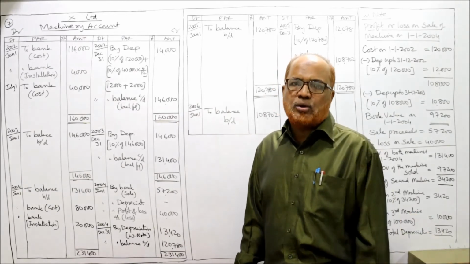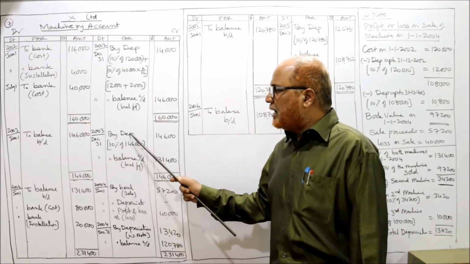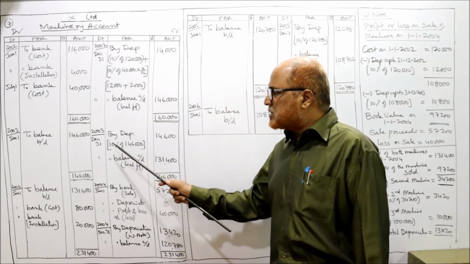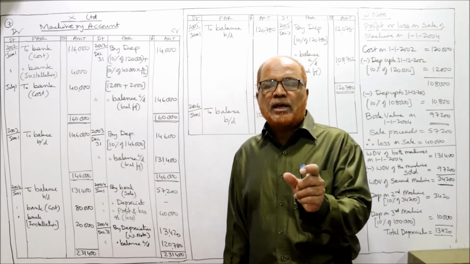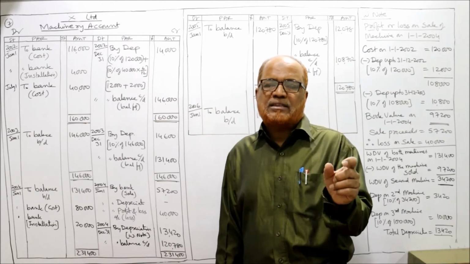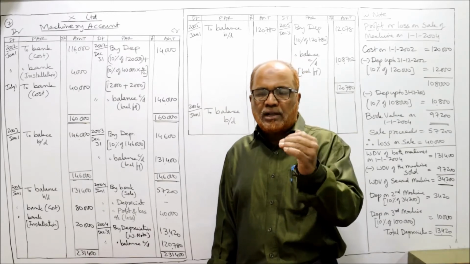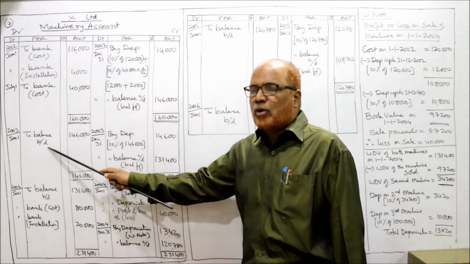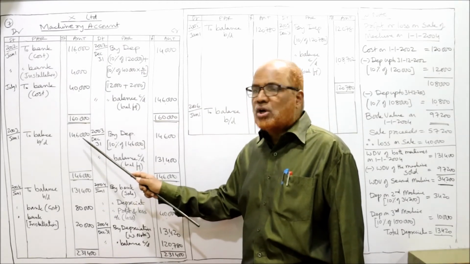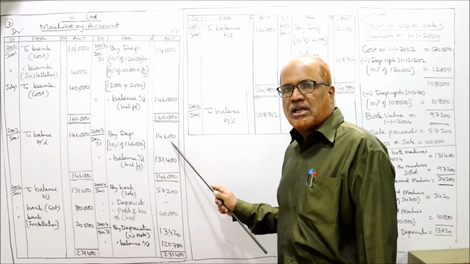So we close the year 2003, 31st December 2003 by depreciation. So 10% of 1,46,000. See here, we are following written down value method or diminishing balance method. So the written down value of both the machines is 1,46,000. On 1,46,000, 10%, 14,600.